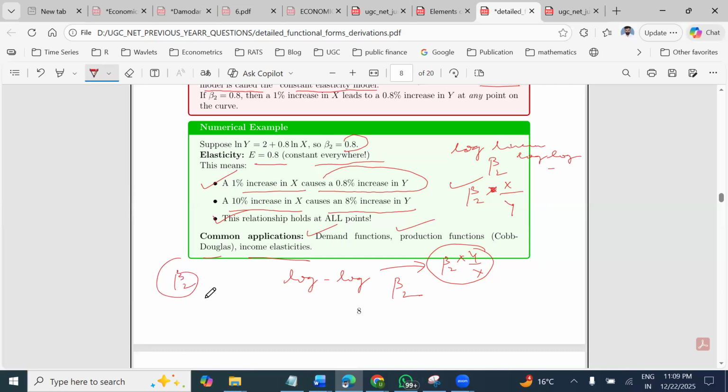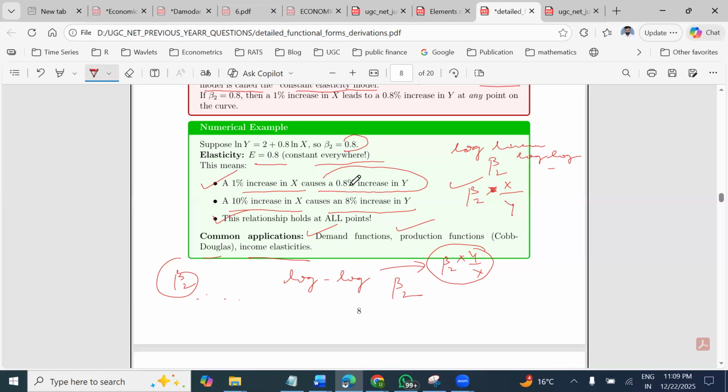And what is the speciality about beta 2 in a log linear model? In the log linear model, beta 2 measures the elasticity. Very good. We use it in the Cobb-Douglas production function. In econometrics also it is important because it makes our life easier, because whenever we present or interpret in terms of percentage, that is far better than interpreting in terms of absolute units.